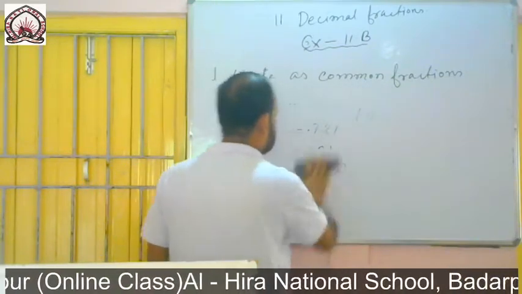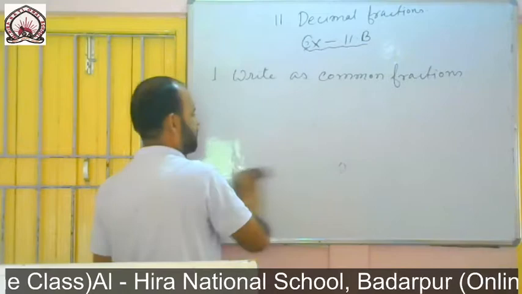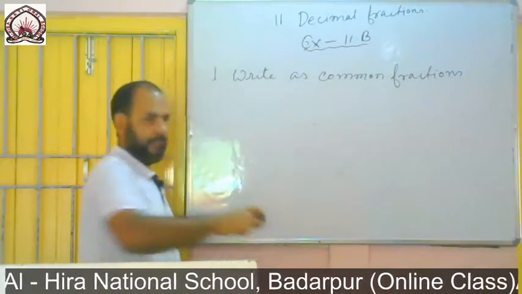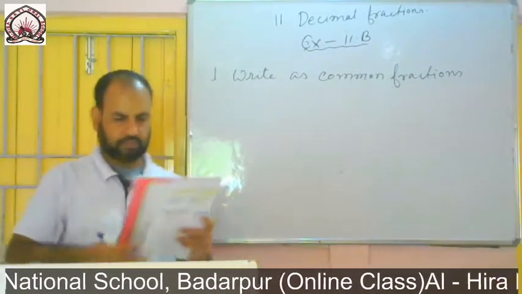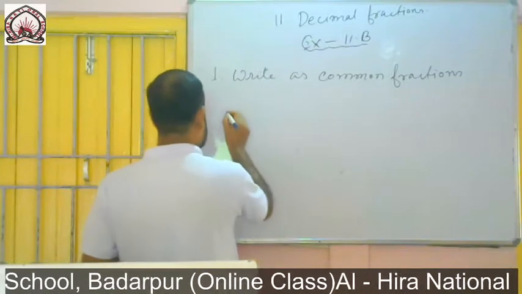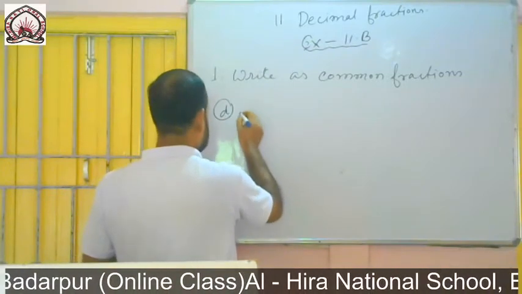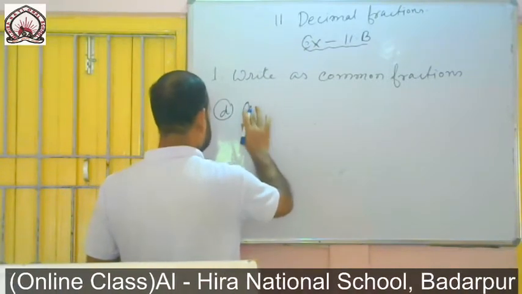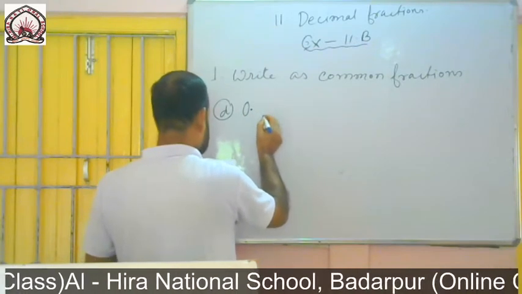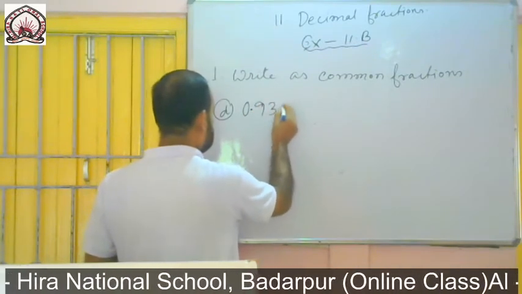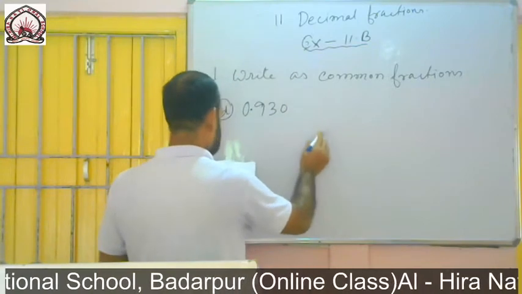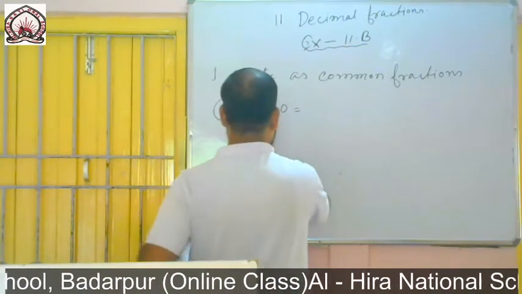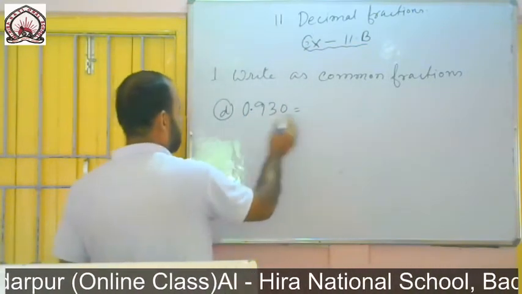Next, question number D. 0.930. This 0 is valueless.